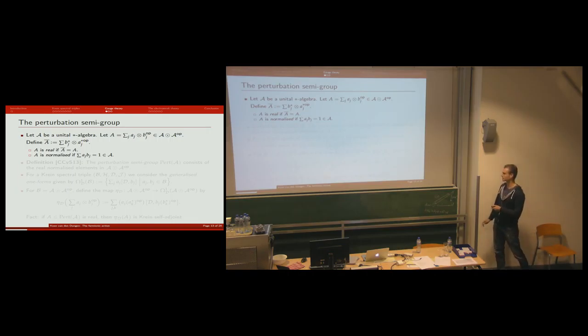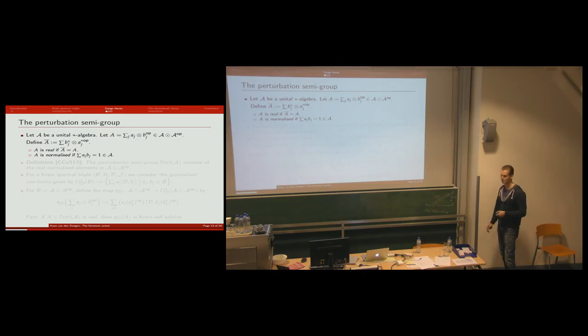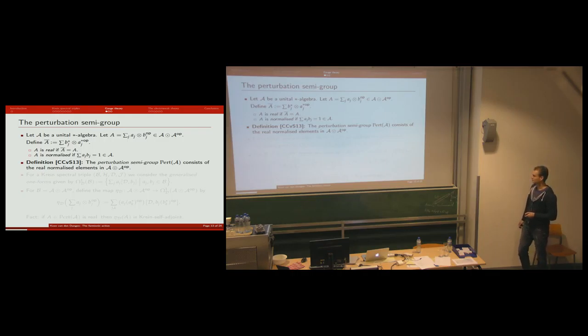Then I say that A is real if A bar is equal to A, and A is normalized if this sum is equal to 1. I just mean the algebraic tensor product without any completion. The perturbation semigroup is defined as the real normalized elements in this tensor product. Because the product in this tensor product preserves these two properties, this is indeed a semigroup.